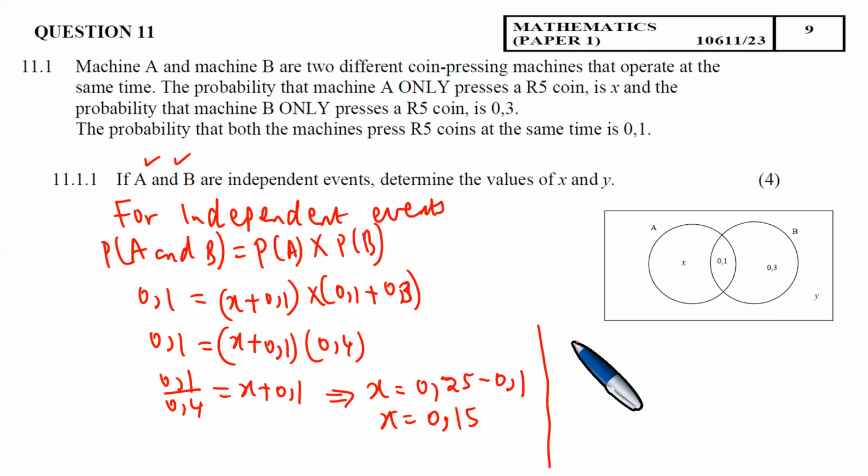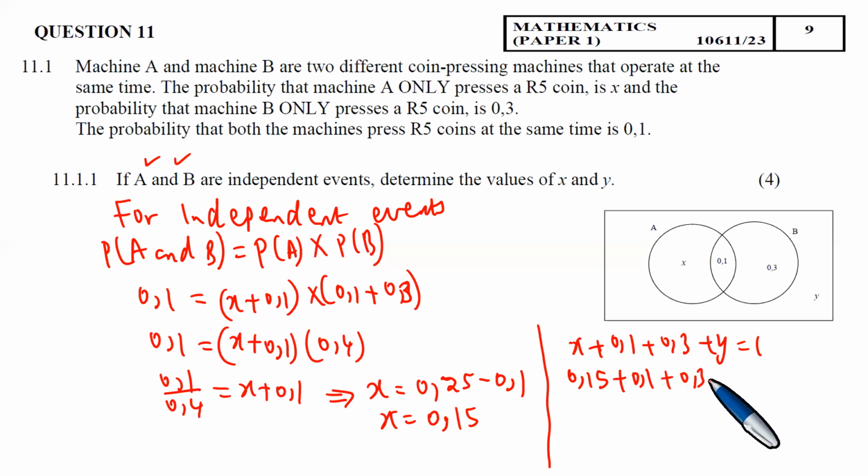That is x plus 0.1, plus x plus 0.1 plus 0.3, plus y, which is outside, and it's everything. So 0.15 plus 0.1 plus 0.3 plus y equals 1. And y is exactly 1 minus everything, which is 0.45.